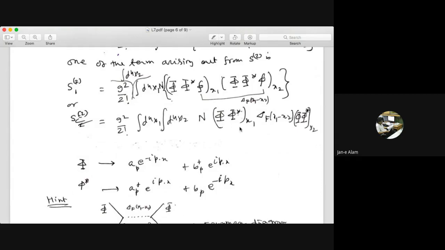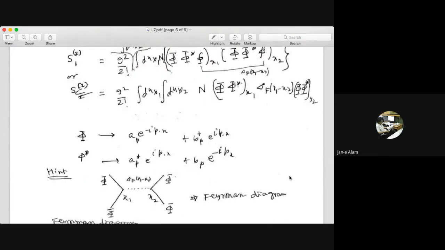So if something is annihilated at x1, say phi bar is annihilated at x1, then at x2 phi bar will be produced. I will elaborate more on this. I gave a very rudimentary argument today just to introduce you to the physics of these diagrams.